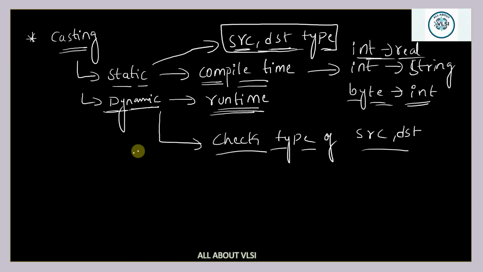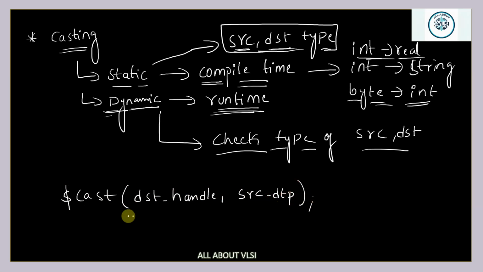First, how to perform this dynamic casting? The syntax for dynamic casting is $cast, followed by the destination handle or destination data type, then the source handle. On which two handles do we need to perform the casting?